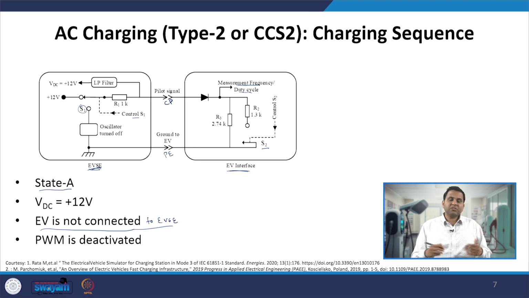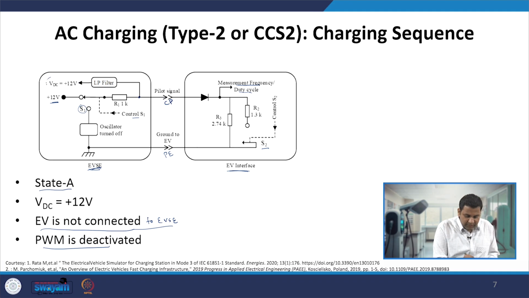Since the EVSE is not connected to the EV, the PWM or the oscillator is turned off, or you can say PWM is deactivated, and the S1 switch is connected to the fixed 12 volt. Since it is connected to the constant 12 volt, there is no connection on this side. So at this point, the value of voltage is plus 12 volt, which is measured by the EVSE controller.